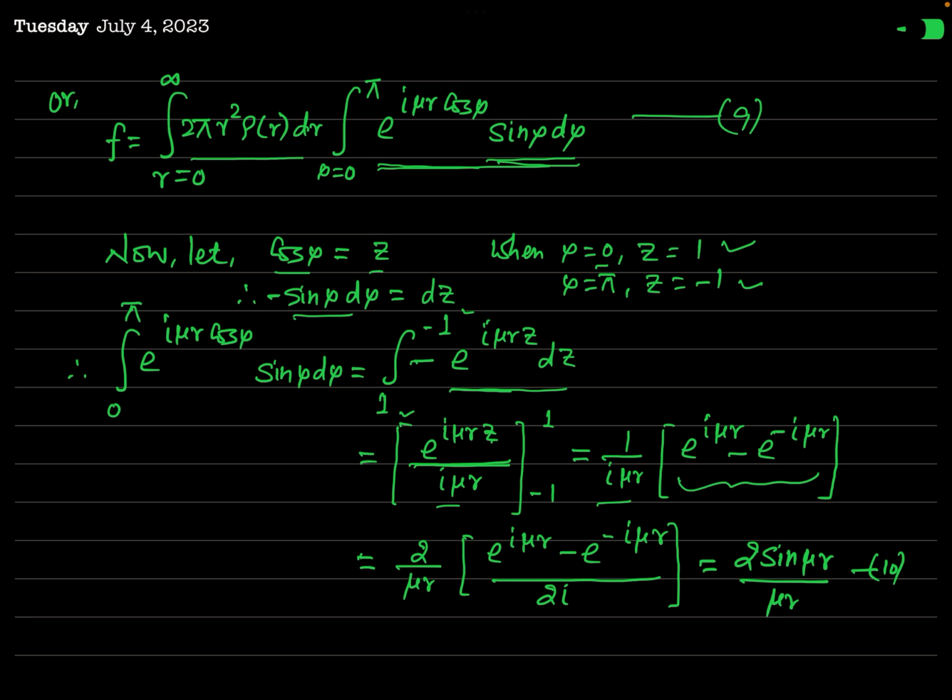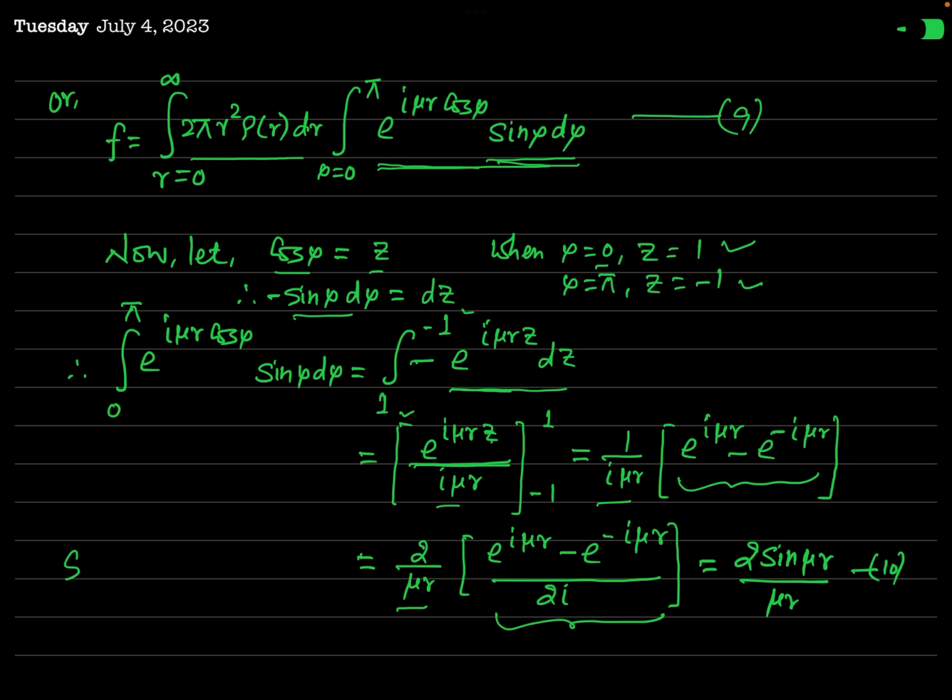Now let us multiply by a factor 2 in the numerator and denominator. So you can write this expression as 2 divided by mu r times the bracket e to the power i mu r minus e to the power minus i mu r divided by 2i. Can you say what the factor inside this square bracket is?